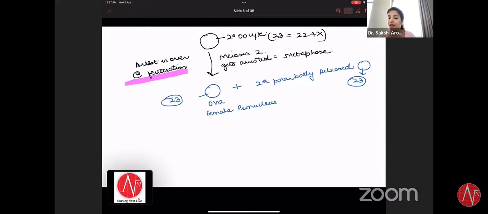Yes भाई होगा. सेकेंडरी oocyte ओवा तभी बनाएगा जब स्पर्म जो है वो सेकेंडरी oocyte के अंदर एंटर कर जाएगा, right?